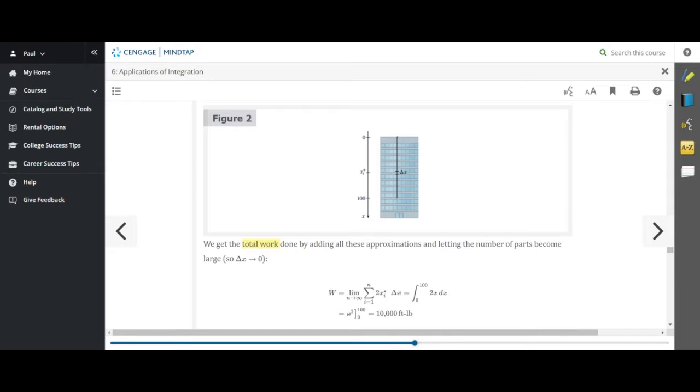Let me give you a little more perspective on this, supporting example 3 from section 6.6. Here's the cable, 100 feet.